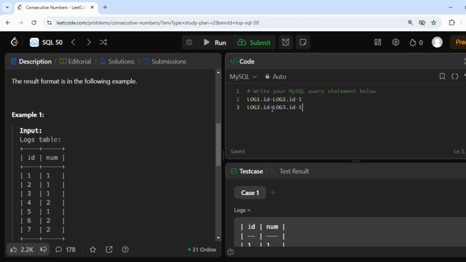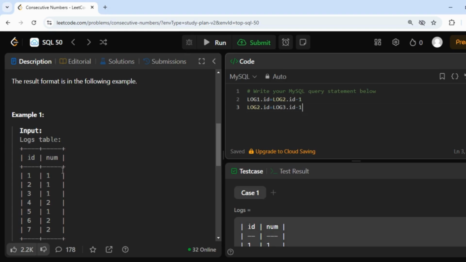Just consider that we have three tables of logs: log1, log2 and log3. Now let us consider ID equals 3. What these two lines will say is that for ID equals 3, it will give the value of log2 of ID 2. So I will have log1 of ID 3, log2 of ID 2 and log3 of ID 1.